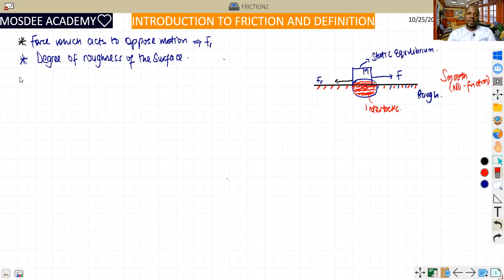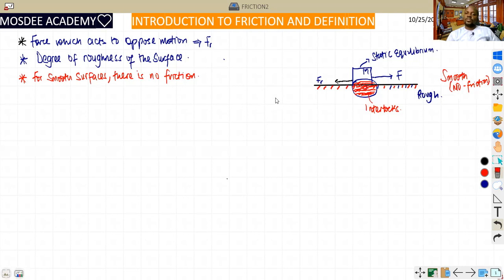So another important thing we can write is that for smooth surfaces, there is no friction. So that is that, and we need to understand that.